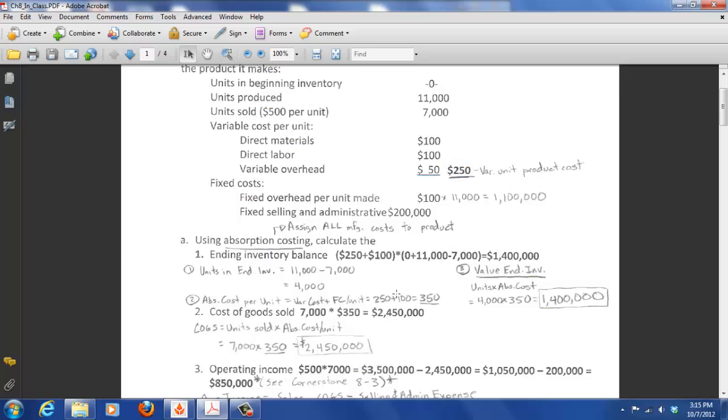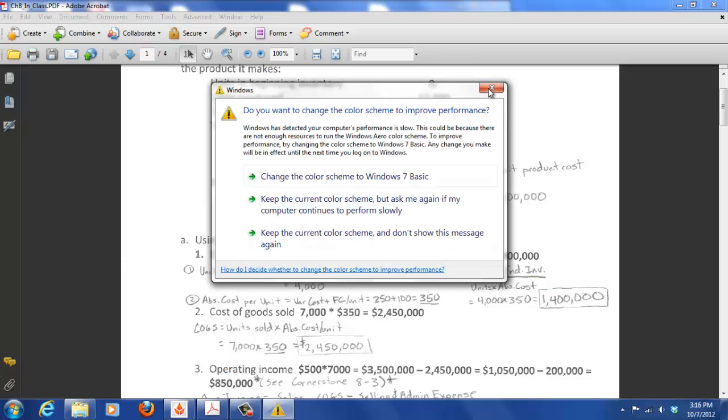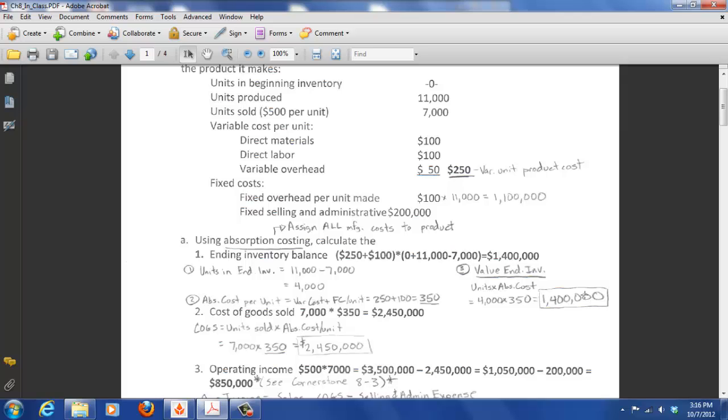Then we'll also include the $100 fixed overhead per unit, so the absorption cost per unit is $350. For our ending inventory value, we multiply the number of units, 4,000, times that $350 absorption rate per unit, and we see that our ending inventory balance is 1.4 million.